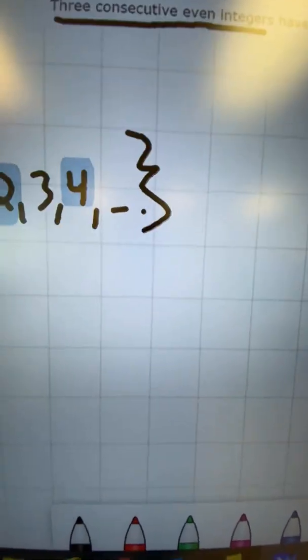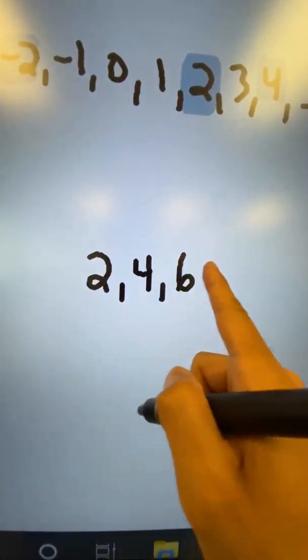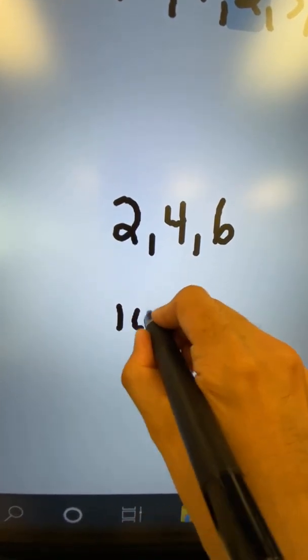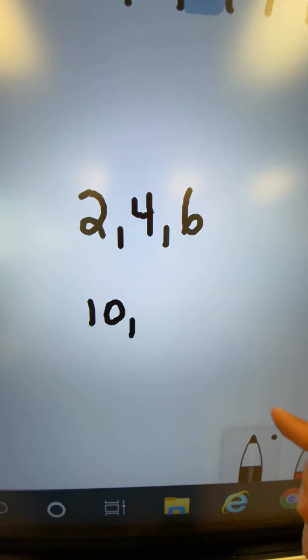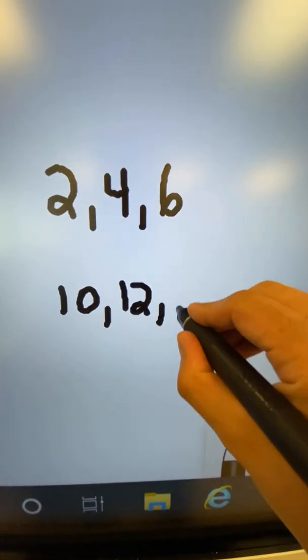So let me show you some examples. Here is an example of 3 consecutive even integers: 2, 4, 6. Those are 3 even integers back to back. For example, let's say the first one is 10. A consecutive even integer is just asking, what is the next even integer after 10? Well, that would be 12. And the next even after 12 is 14.